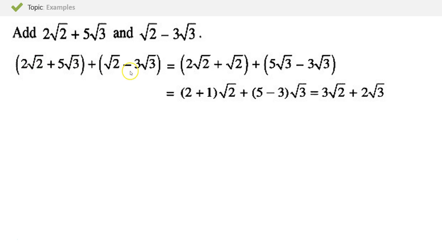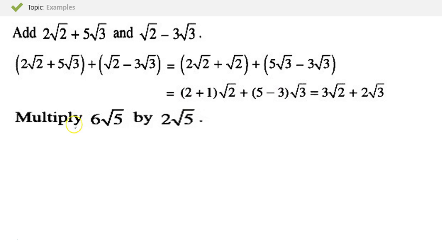So I can break them as 2 square root of 2 plus square root of 2, plus 5 square root of 3 and minus 3 square root of 3. Now I can take the square root of 2 out, which gives me 2 plus 1 multiplied by square root of 2. And I can take the square root of 3 out, which gives me 5 minus 3 square root of 3, which in turn gives you 3 square root of 2 plus 2 square root of 3.